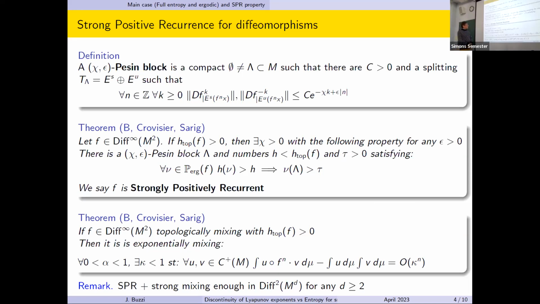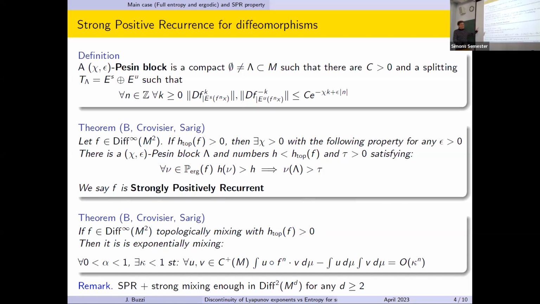What we deduce from this continuity property of the exponents is the following: if you take a smooth surface diffeomorphism with positive topological entropy, then you have this property of uniformity with respect to Pesin blocks. So now I will read it.